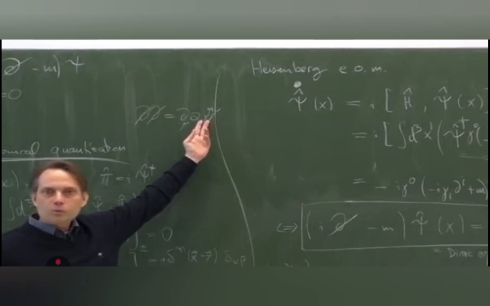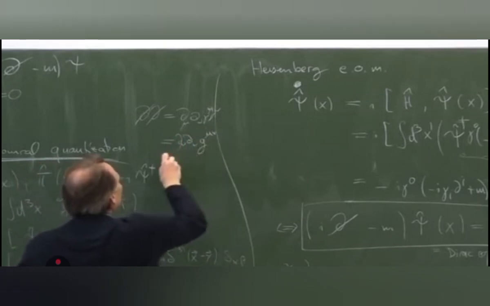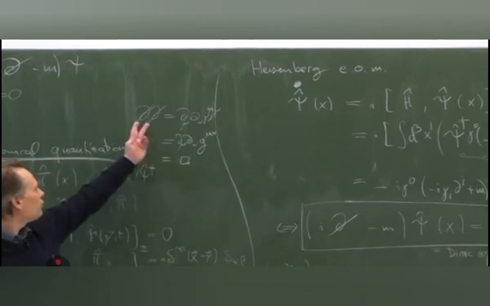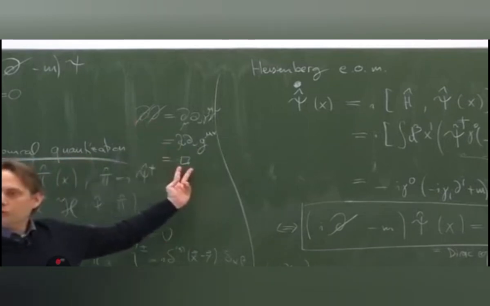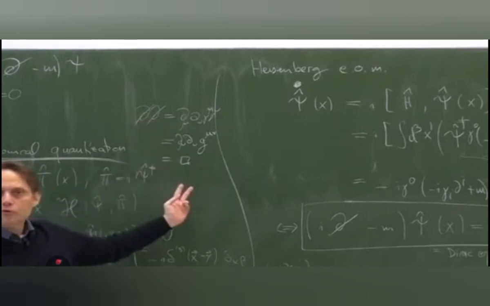But 1/2 of the anti-commutator is just the metric tensor. Therefore this is the same as d mu d nu times g mu nu, which is the D'Alembert operator. So this d slash squared is equal to the D'Alembert operator.